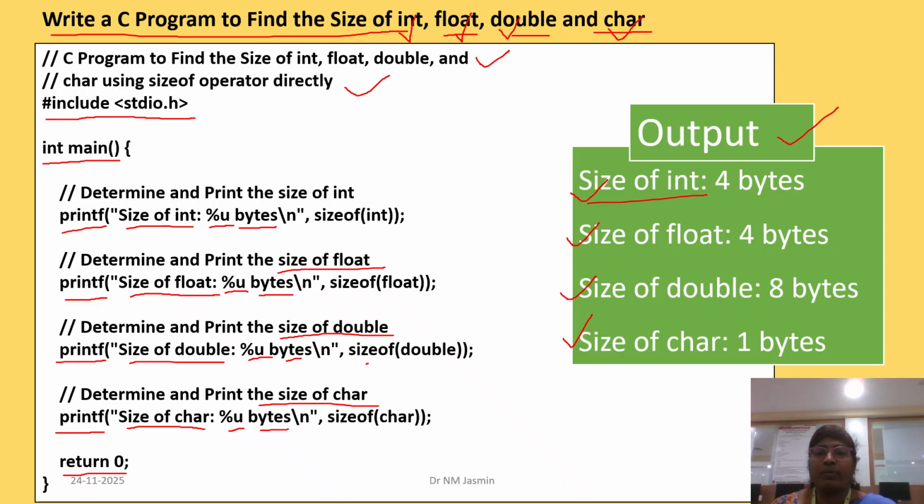First, size of the int is 4 bytes. According to the architecture, the compiler allots the size of the int as 4 bytes, the size of the float as 4 bytes, the size of the double as 8 bytes, and the size of the character as 1 byte. This output you will get for this program.